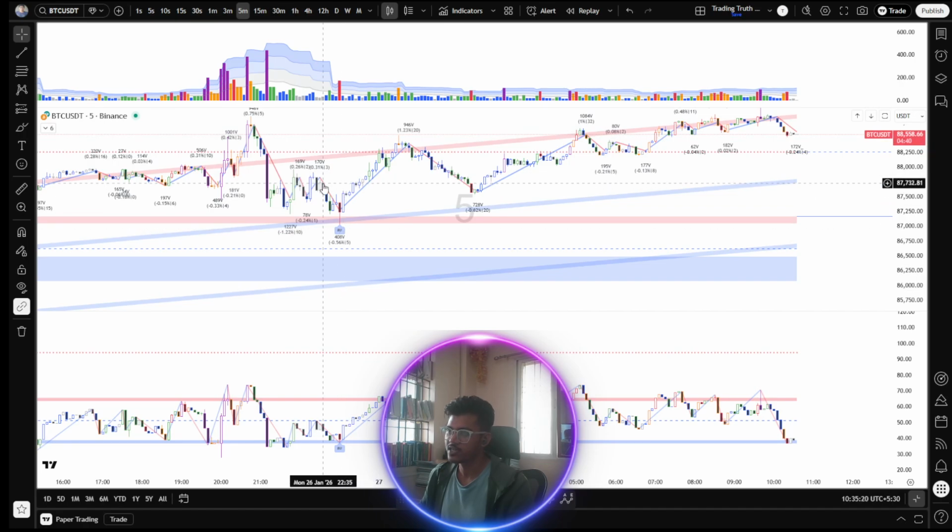Then why hasn't it come down a lot further? Why does the candle close within this range? This is your effort versus result, meaning there's a lot of effort on the downside but no result. And that's a very high probability trade.